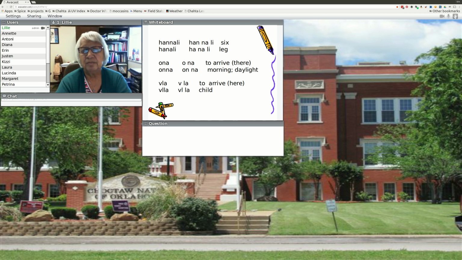Now look at the word with the double L. Alla, child. So the pronunciation of the double consonants is very important. Alla. Ona. Onna. Hanali. Hanali.